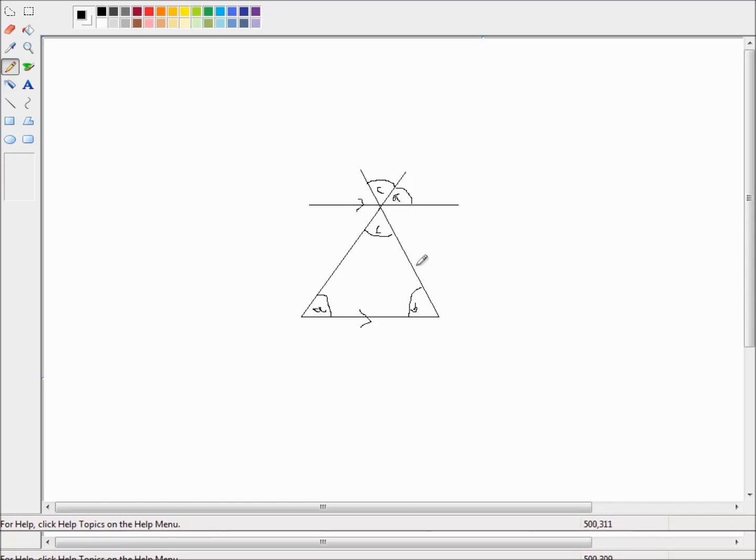And the exact same argument can be said for angle B. This line is parallel to this line, therefore this straight line must intersect both lines at the same angle. So angles B plus C plus A, because they fall on a straight line, must add up to 180 degrees. It's as simple as that.